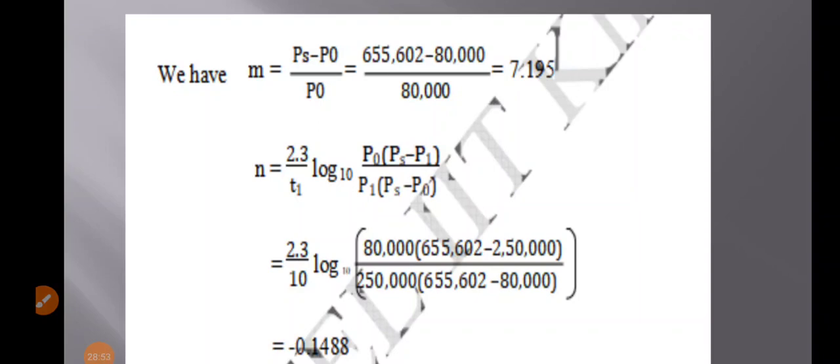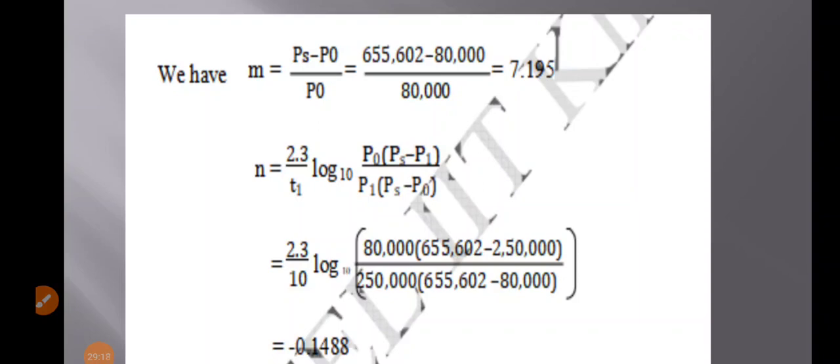And N can be calculated as 2.3 divided by T1, where T1 is 10 years, times log10 of P0 (80,000) times Ps minus P1, that is 6,55,602 minus 2,50,000, divided by P1 (2,50,000) times, in a bracket, Ps minus P0, that is 6,55,602 minus 80,000.